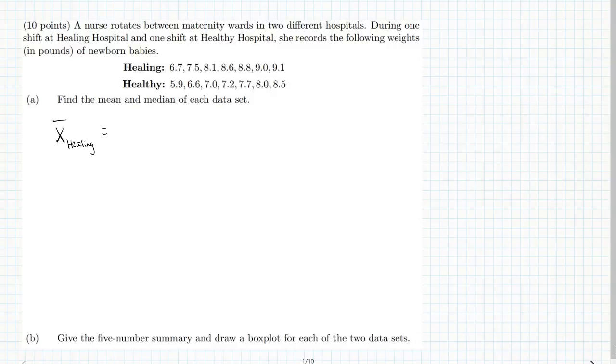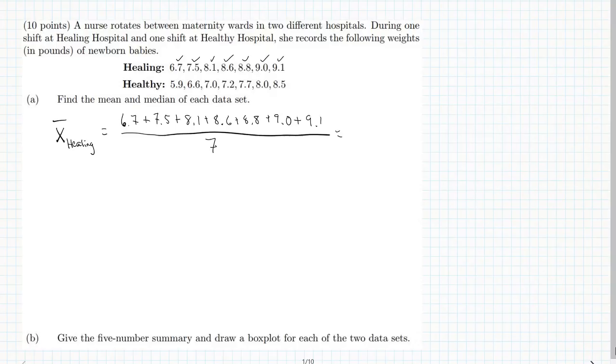All we need to do is add up all the values of the weights: 6.7 plus 7.5 plus 8.1 plus 8.6 plus 8.8 plus 9.0 plus 9.1. Then we divide by the number of observations, and if you notice, there's 1, 2, 3, 4, 5, 6, 7. So we divide by 7.